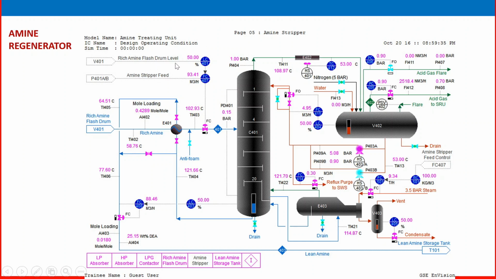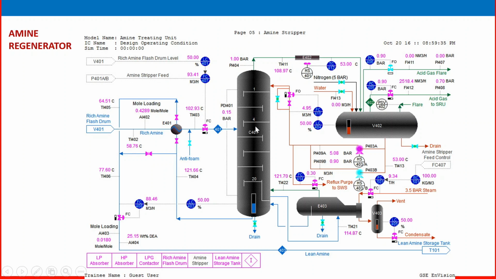This is the rich amine flash drum or amine stripper feed. There is a cascading system, with the level taken from the amine stripper. So it is entering here, and the process is briefly explained.